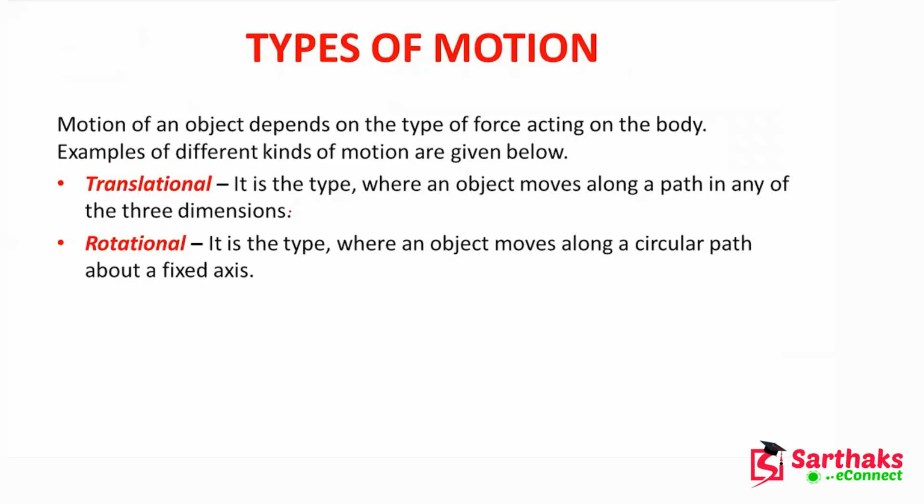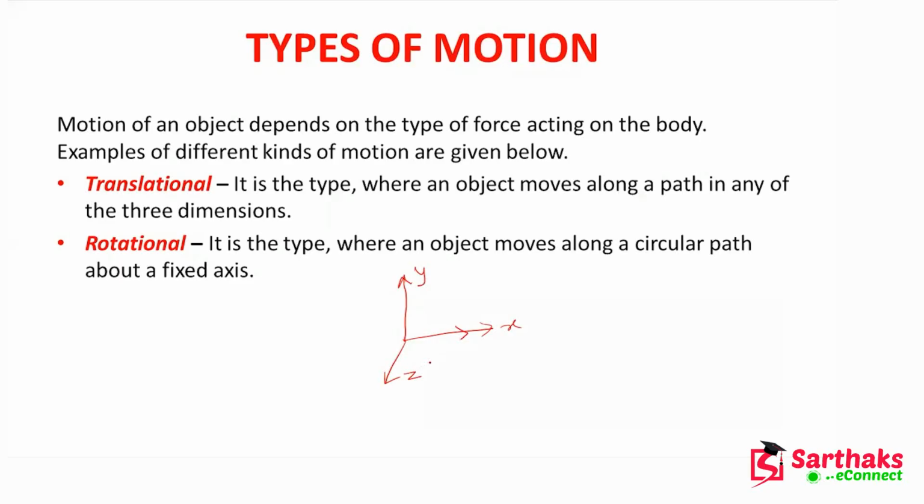Now, the translational motion, let's define this thing: where an object moves along a path in one of the three dimensions. Fine. So this is our y-axis, this is our x-axis, and this is our z-axis, right?